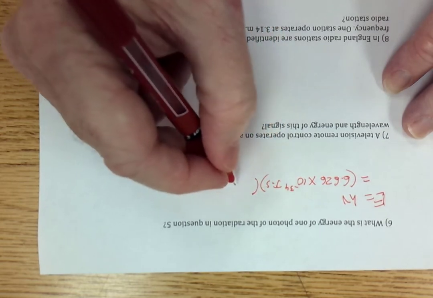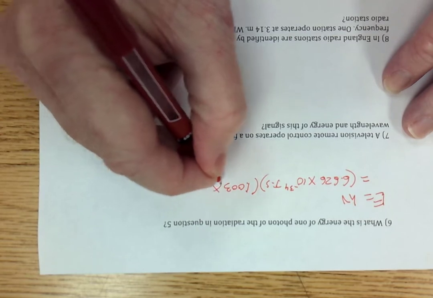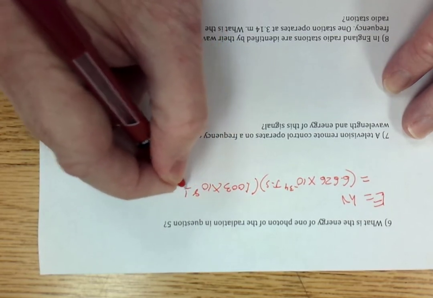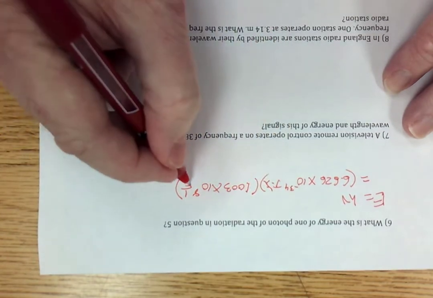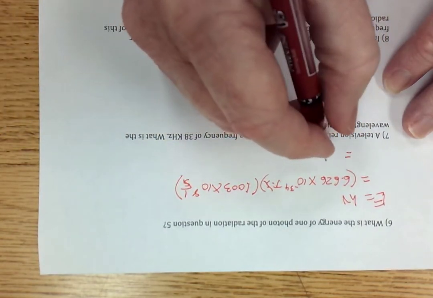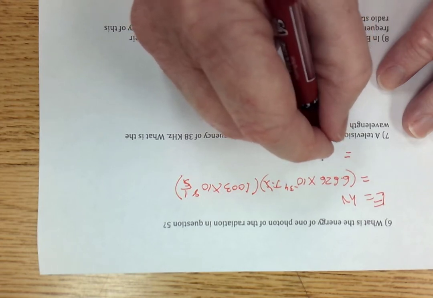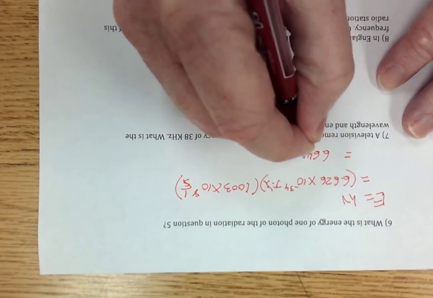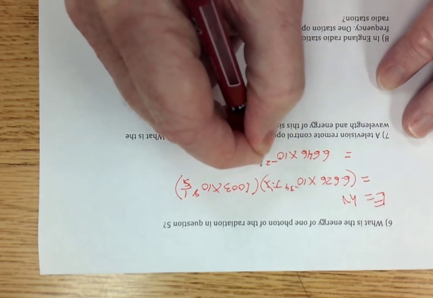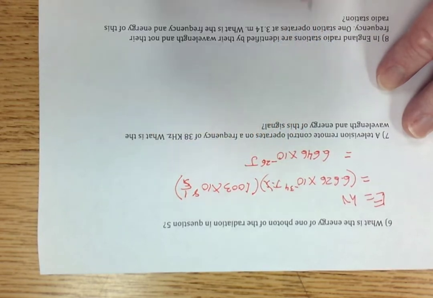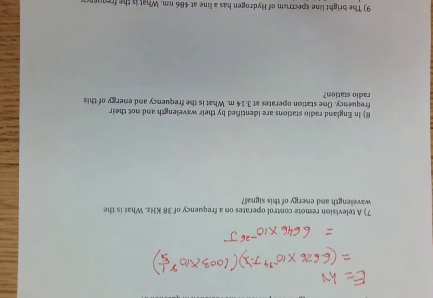We're going to multiply that by the answer for frequency, 1.003 times 10 to the 8th, 1 over seconds. And the seconds are going to cancel. And this comes out to be 6.646 times 10 to the negative 26th joules. Okay. It's a radio wave. It's really low energy.